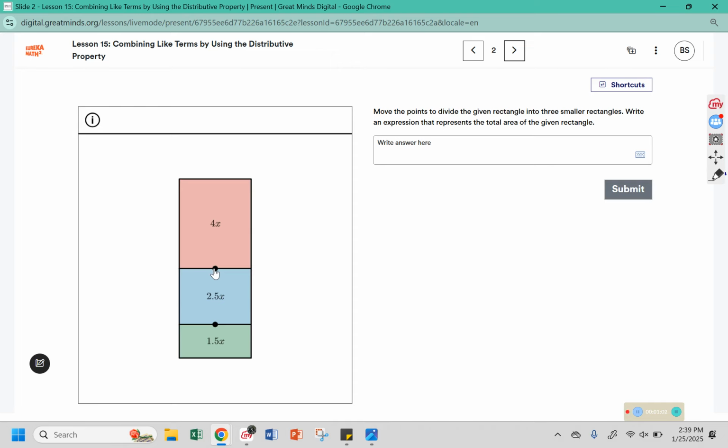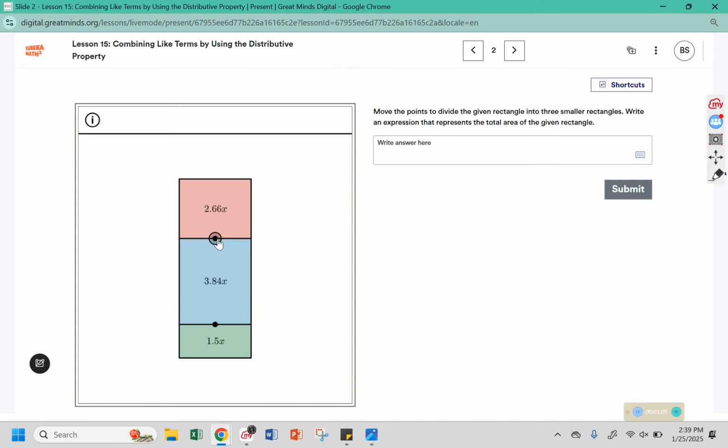This one asks us to split it into three small pieces.